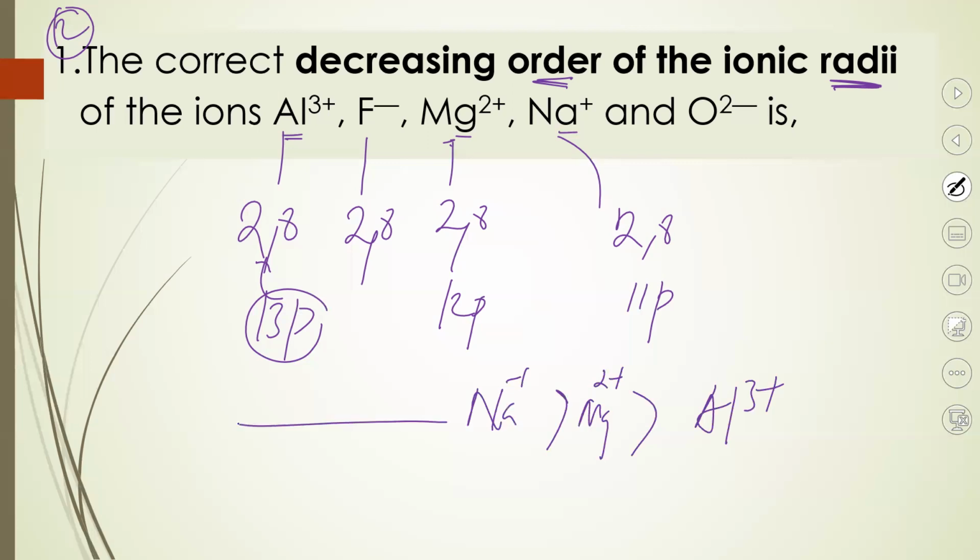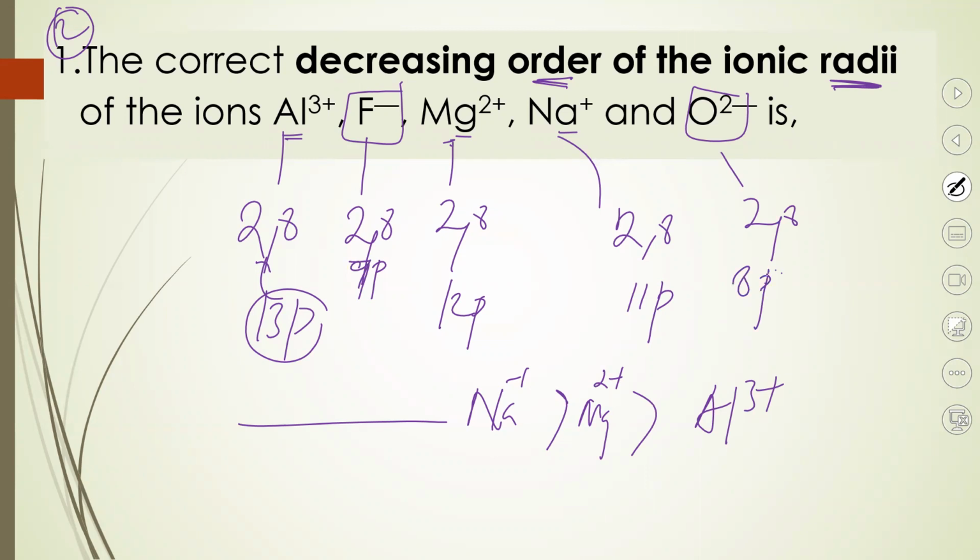Now we have to think about F minus and O2 minus. It is very clear. Here also the configuration is 2, 8. Here fluorine has 9 protons, here oxygen has 8 protons.